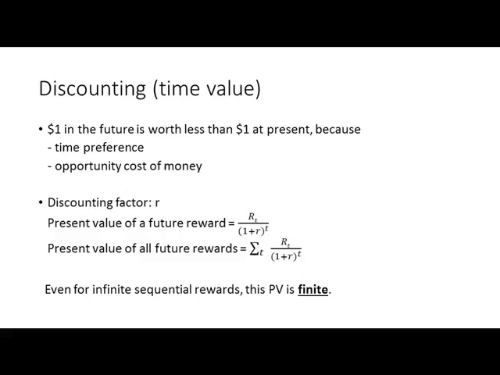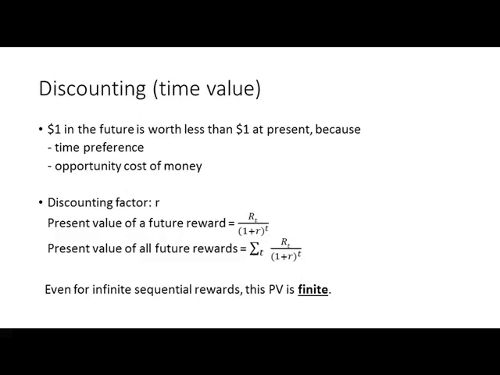That's why infinite sequential rewards actually do not add up infinitely. They add up to a finite number. And how? By using a discounting factor. So the present value of a future reward R_t, a reward happening at time t, meaning how much it is worth now, is this value over (1 + r) raised to the power of t, r being the discounting factor and t being the time in the future.